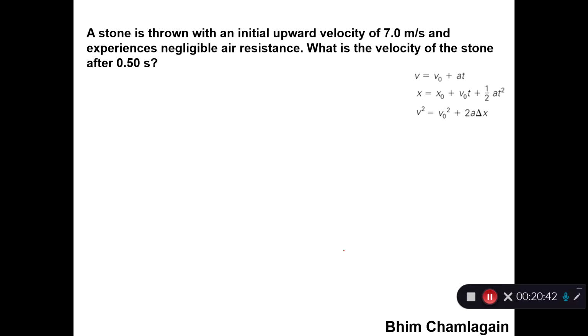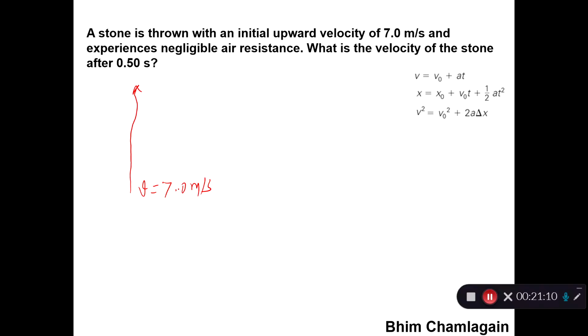Now let's do one problem, starting from the first. A stone is thrown with an initial upward velocity of 7.0 meters per second. So it's moving up, and we are not considering air resistance.